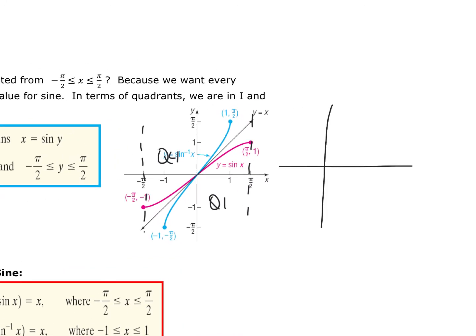Well, when I'm on the unit circle, I'm going to go down in this direction to negative pi halves, or on the unit circle, I'm going to go up in this direction to pi halves for the sine function. This is where it is going to be defined. So that means for the sine inverse, I'm looking for ratios in these two quadrants. So I'll be looking for ratios in quadrant number 4 and quadrant number 1.